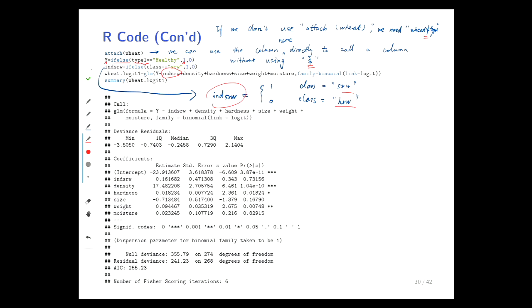In this case, because we are predicting a binary response, we consider our GLM function, and we involve the response variable and all the explanatory variables, and also we need to specify the family as binomial and the link as logit, because it's a logistic regression model. Binomial just means the distribution is the Bernoulli distribution.